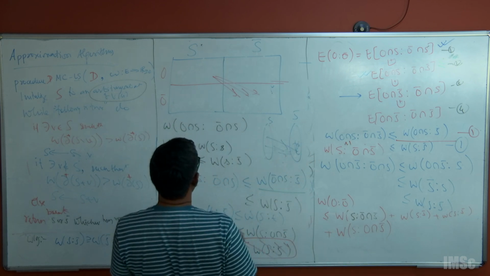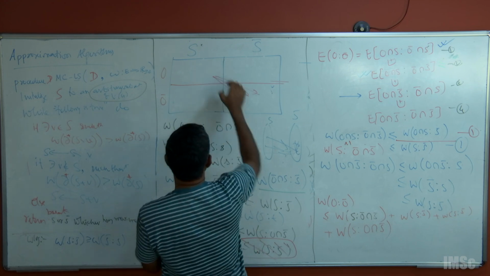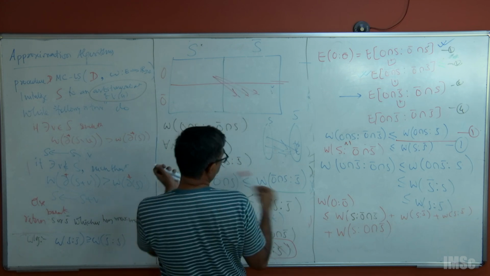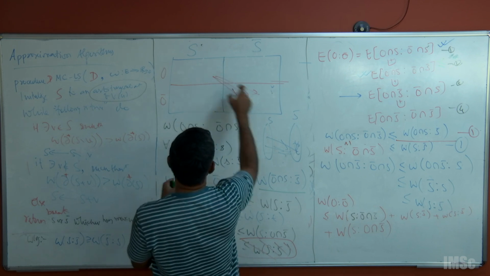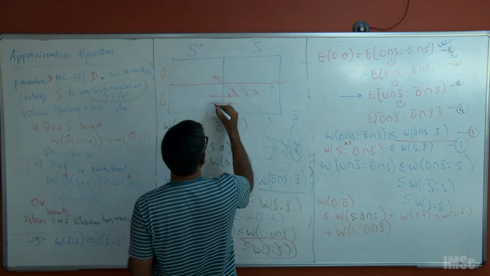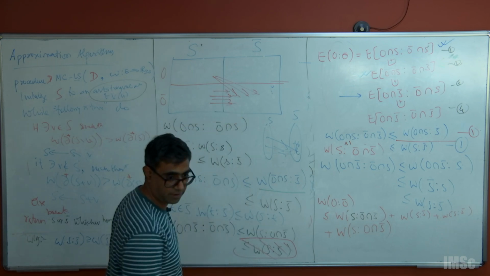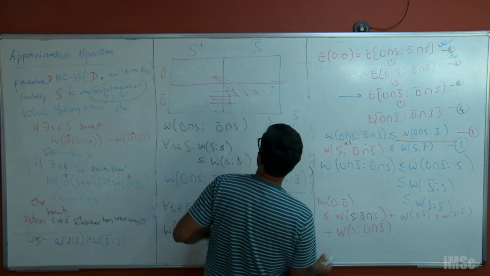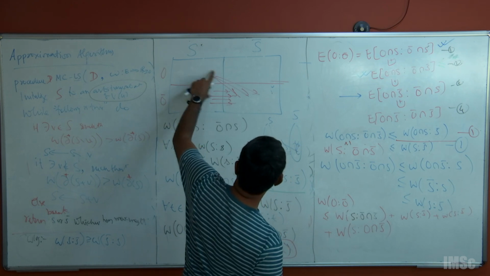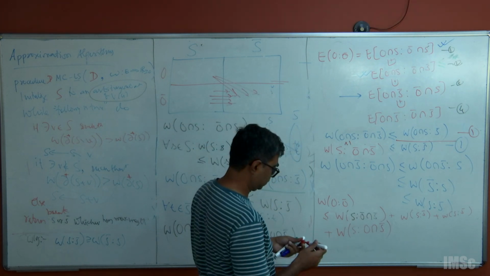S to O intersection S bar. So these are talking about these kinds of edges. This is the kind of arcs they are talking about. This quantity is talking about all the arcs that are going from here to here. And what is this talking about?